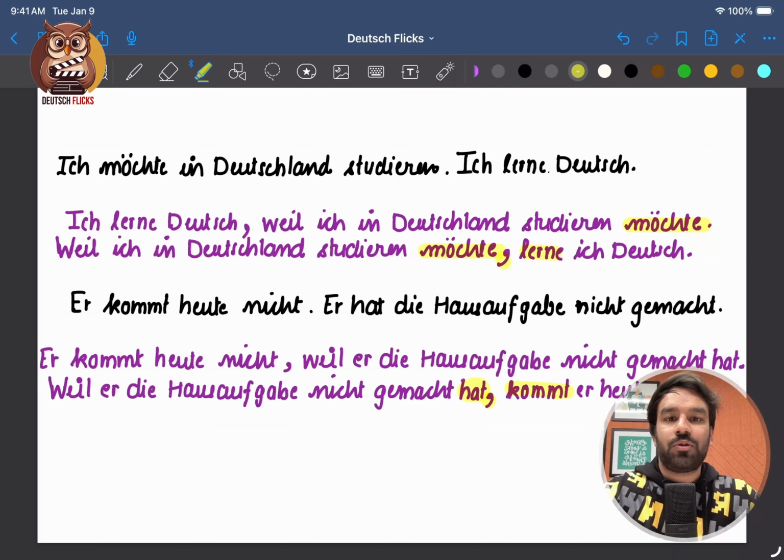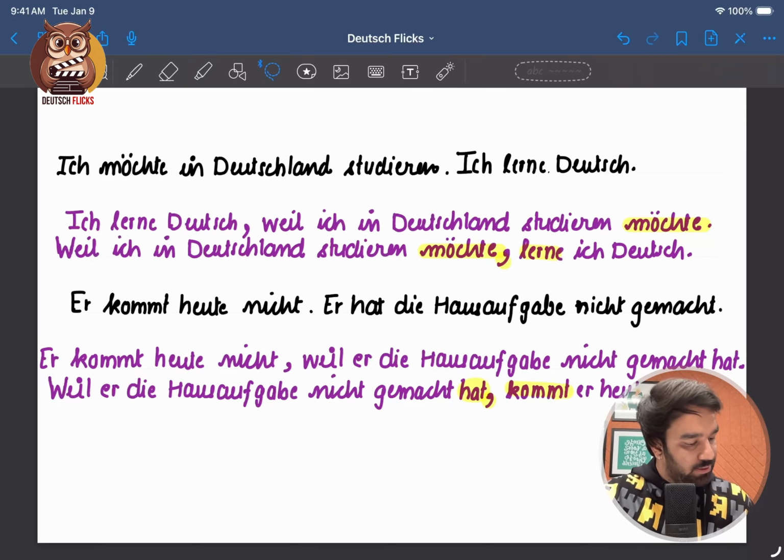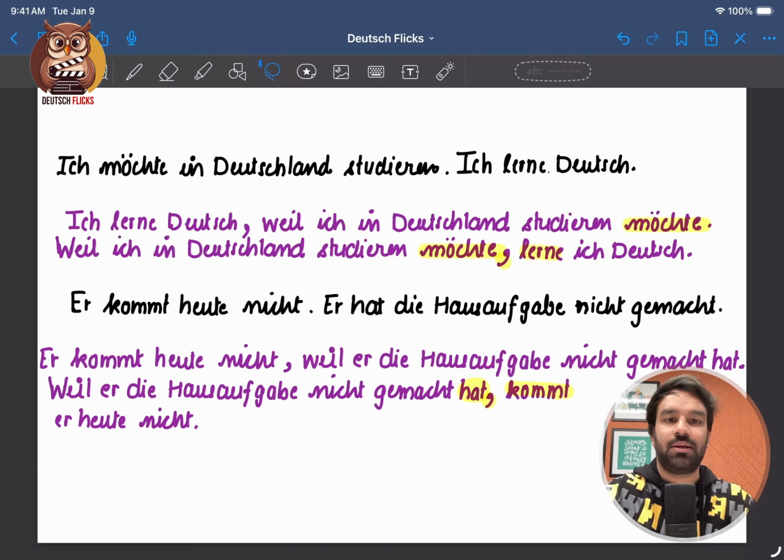Weil er die Hausaufgaben nicht gemacht hat, kommt er heute nicht. If I'm starting my sentence with weil.